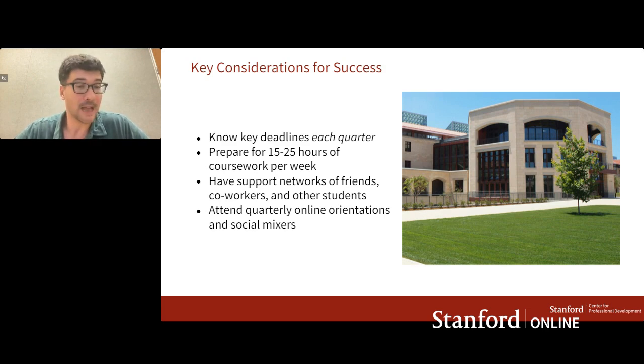When you do start a class, I think the most important thing is, as soon as you can, that first day that the course is open or the syllabus is published, take a look at it, look at the key deadlines, and get them on your calendar, right? And think about how they work with your work deadlines. So you're going to have to do that kind of special scheduling.